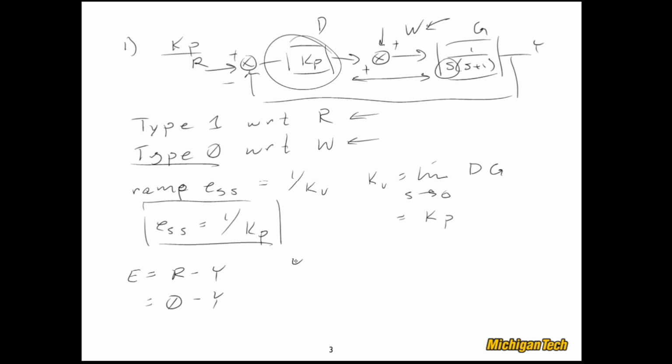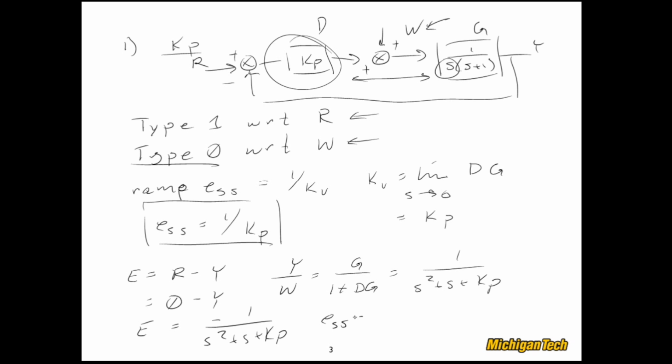Now, Y over W, which is the transfer function of interest, is just g over 1 plus dg. So that would be 1 over s squared plus s plus kp. And so the error function, E, is just negative 1 over s squared plus s plus kp.